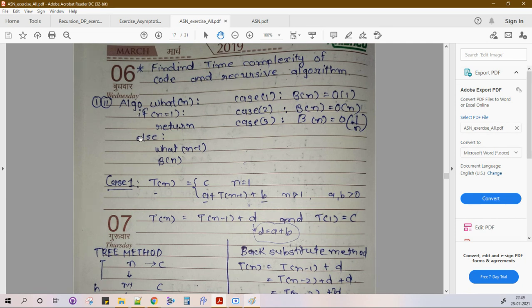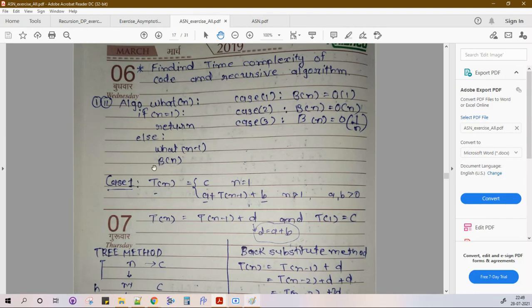Now in the else condition, if it's not true, it will make the function call again, factorial of n minus 1, which is my function name. So that call will take T(n minus 1) time. T(n) is the time taken by the algorithm.